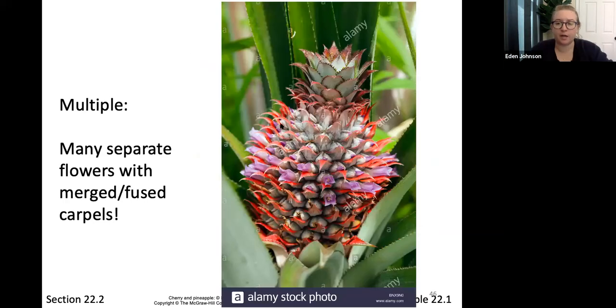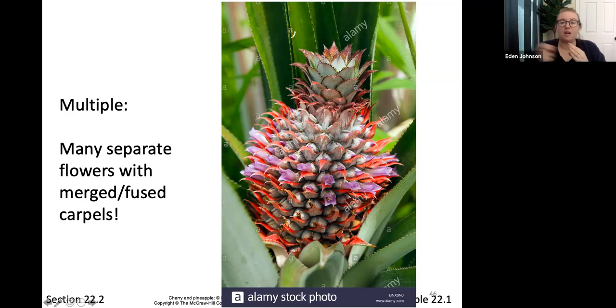This will help you see it better. So this is a pineapple, a freaking pineapple. And you've got all of these flowers that, when they are all pollinated, at the base, on the very inside of this plant, they're all fused. All of these flowers' carpels are fused.